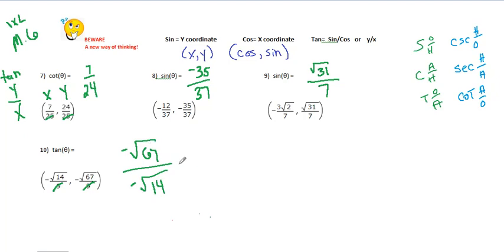Square root of 67. All right, the problem with this is that this is a radical in the denominator, and we never want to have radicals in the basement. Trust me, I've had a few in mine. It doesn't work out. So we're going to multiply this denominator by the square root of 14, and what you do on the bottom, you've got to do on the top. When you multiply a square root by a square root, it becomes that number.